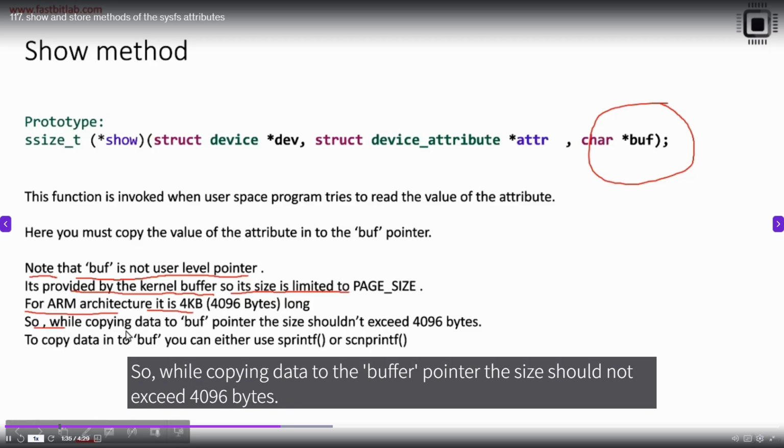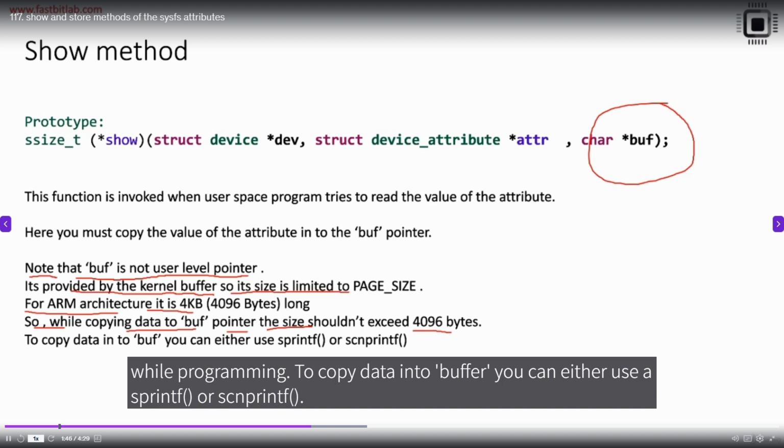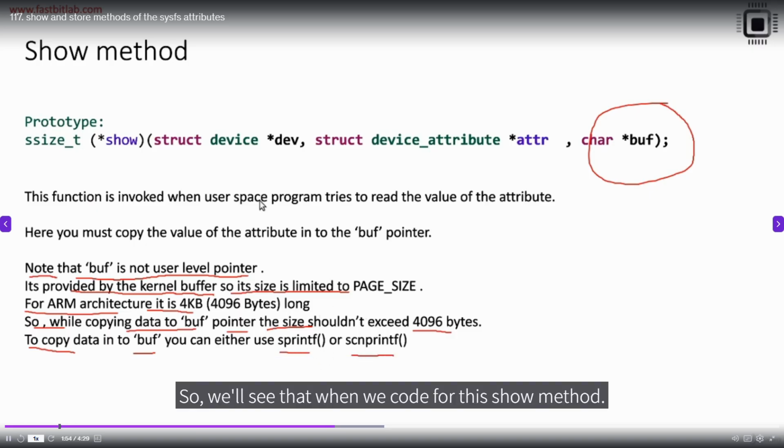So while copying data to the buffer pointer, the size should not exceed 4096 bytes. So you have to keep this in mind while programming. To copy data into the buffer, you can either use sprintf or scnprintf. So we'll see that when we code for this show method.